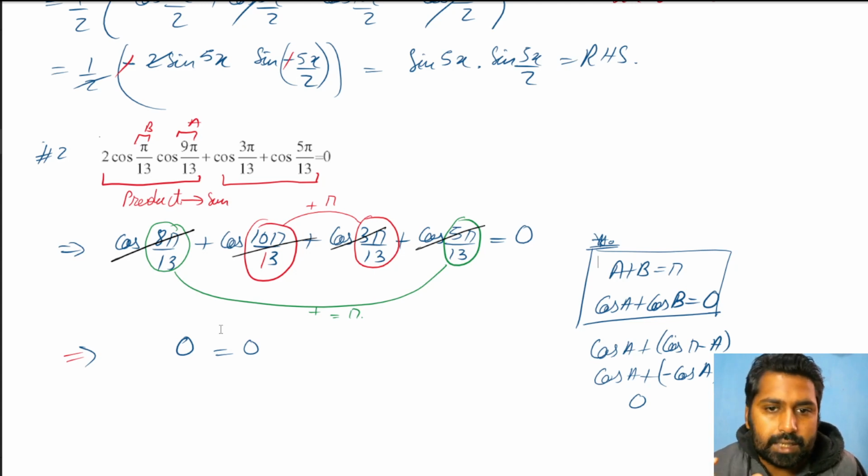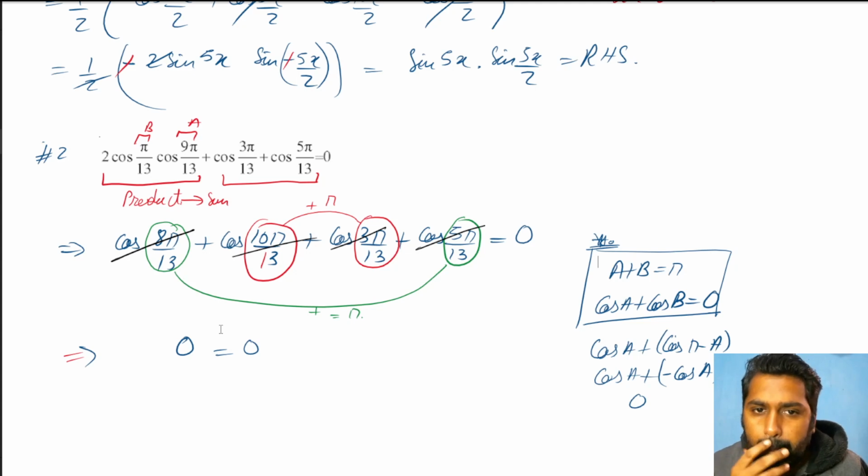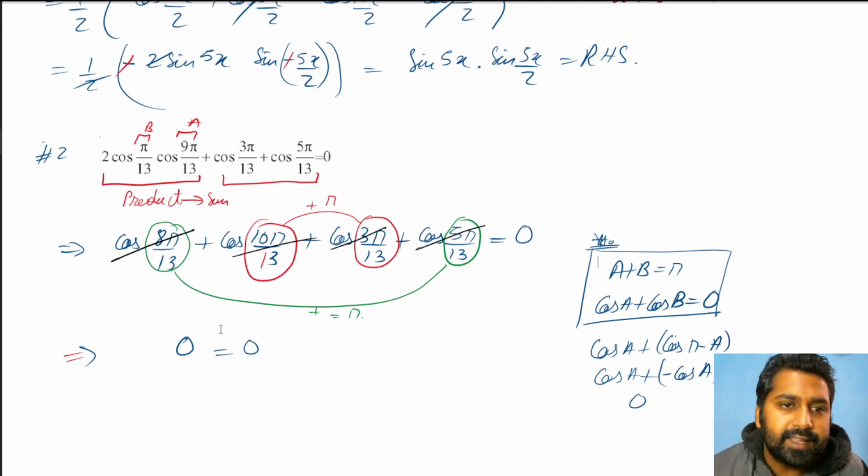So next class, the identity that we'll talk about is very, very crucial. If I want to make any question complicated from an examination point of view, I will be using that kind of identity. These are pretty much standard, but that one is a variation, so variations are always recommended.